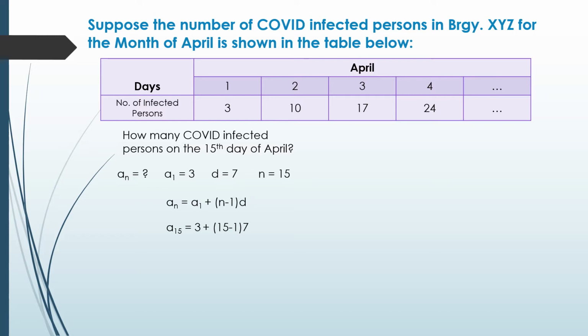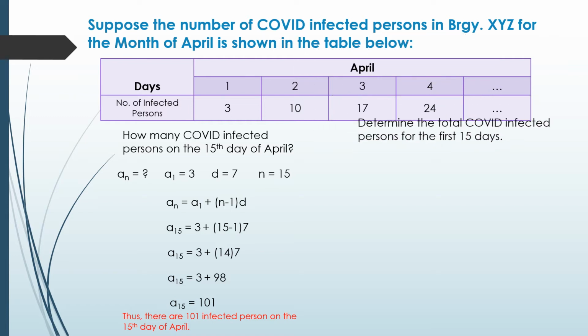We subtract 15 by 1, so 15 minus 1 is equal to 14. The product of 7 and 14 is 98. If we add it to 3, the result is 101. So therefore, on the 15th day of April, there are 101 COVID-infected persons.